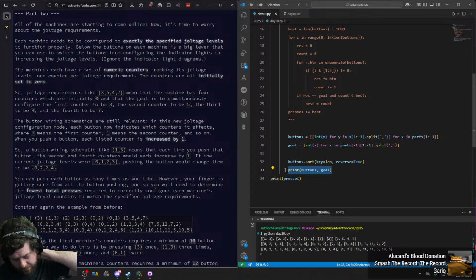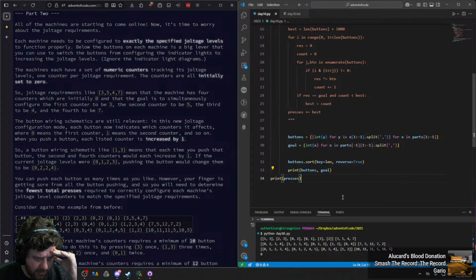Is there ever a situation in which... I don't think this can be solved greedily. My instincts tell me that this can't be solved greedily and I need a dynamic programming algorithm.